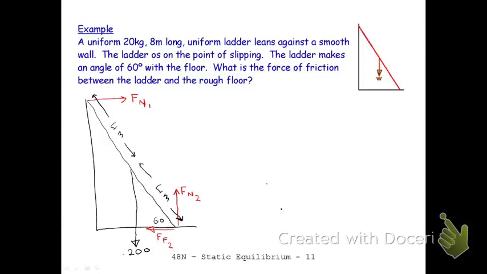I've got how many unknowns? 3. Is this thing accelerating anywhere? No. Is it rotating anywhere? No. I'd like to try and solve it in one step. Put your pen on the FN1 because you don't care about FN1. Put your pencil on FN2 because you don't care about FN2.